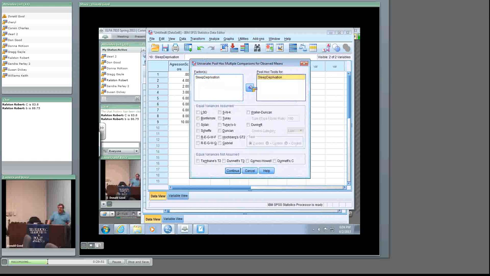For right now, I'm still going to go with the equal variances assumed stuff. Remember we were talking about that earlier, so we're just going to go with that right now. And there are more of these than you want. Just for the sake of consistency, I'm going to pick the Tukey test. Yeah, I know, there's Tukey and there's LSD and all kinds of stuff here.